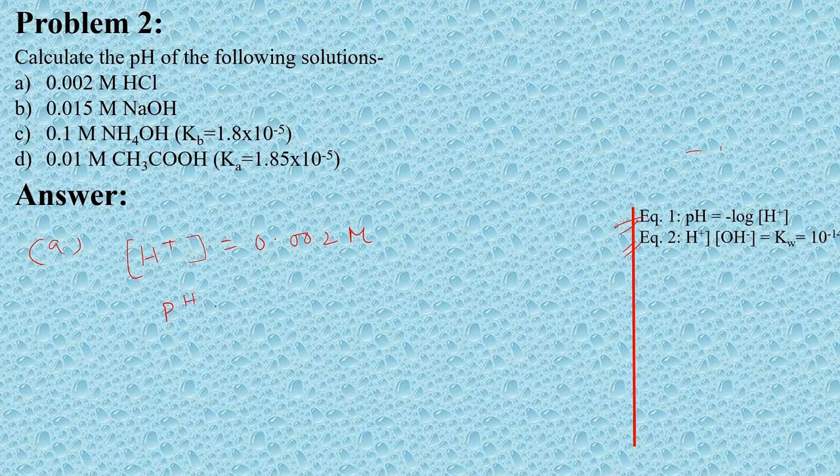So we have to identify the pH. pH is equal to minus log of H plus concentration, so this is 2.699. If you are going to use a calculator, fine. If you do not use a calculator, then you may use this.